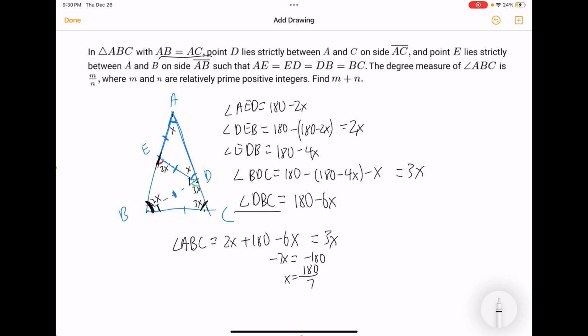Now we know that x is 180 over 7. We can plug it into here to find angle ABC.